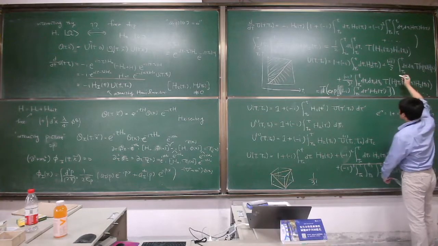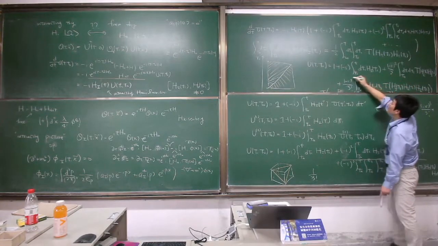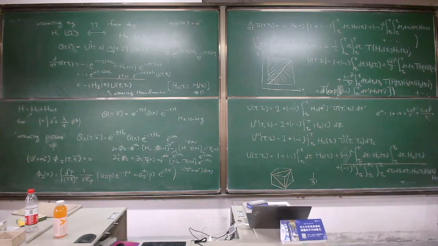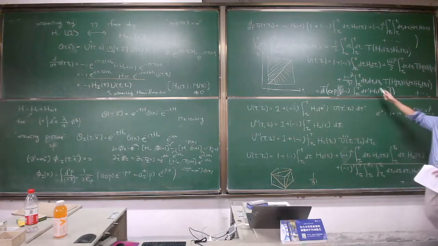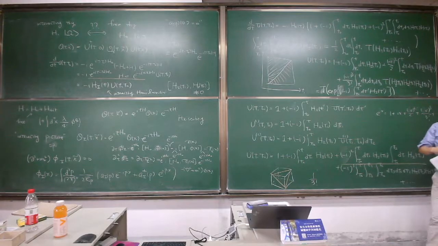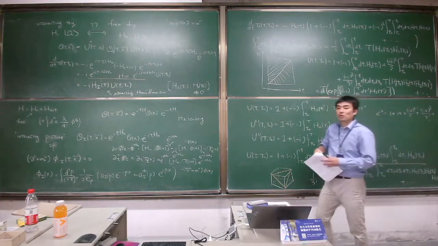Sorry, this is a square and this is a cube. Using the Taylor expansion of e to the x, you can repackage these infinitely many terms into the exponential. But since there is time ordering, you have to put time ordering here. Okay.